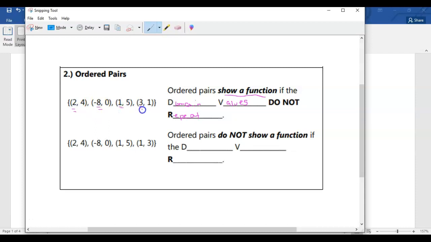These are good X's if they only have one Y, okay? Now, ordered pairs don't show a function if we notice that our domain values repeat. Not so good X's. We don't want them if they're with another Y. So if we see that repeat of the X, we know it does not show a function.